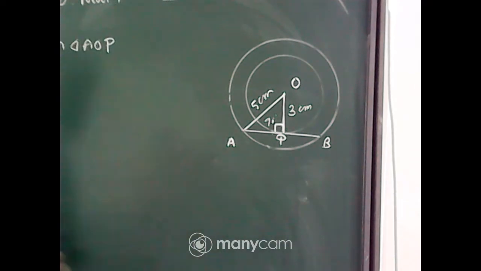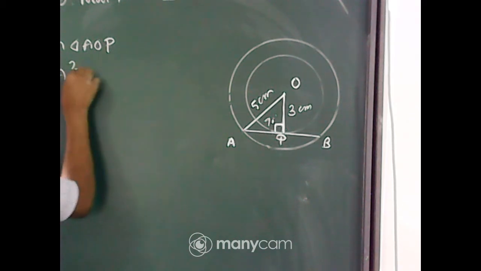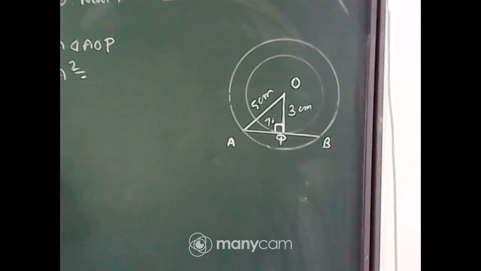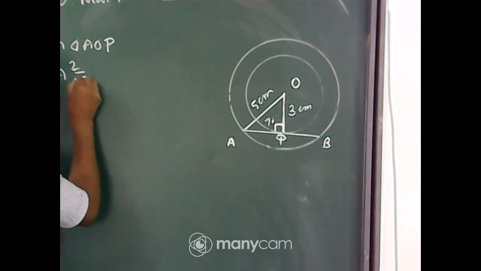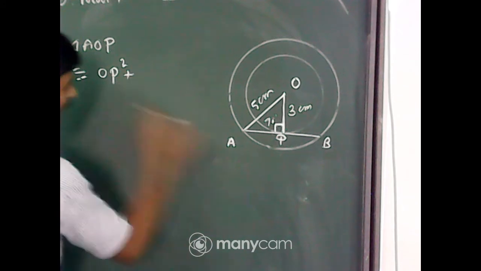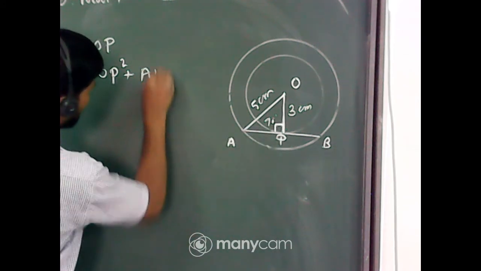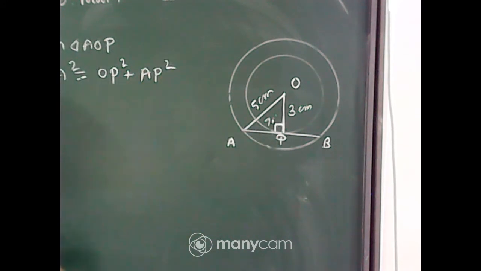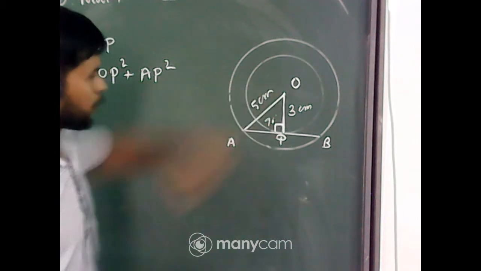So AO square, the hypotenuse, is equal to the perpendicular OP square plus the base AP square. Now we know the value of AO and OP. Put it there.